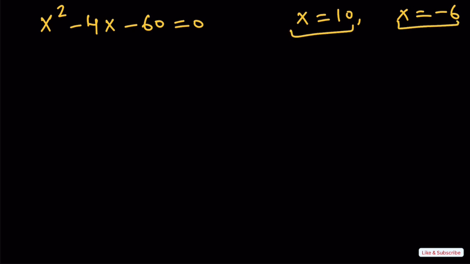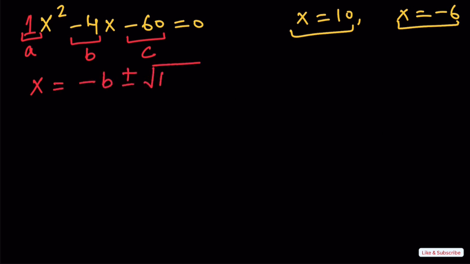Now, first of all, I want to find out the values of a, b, and c. A is always the coefficient of x squared, which is 1 in this case. B is the coefficient of x, and c is the constant term. The quadratic formula is x equals negative b plus minus root of b squared minus 4ac over 2a.